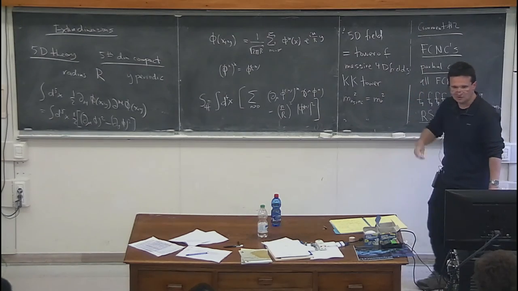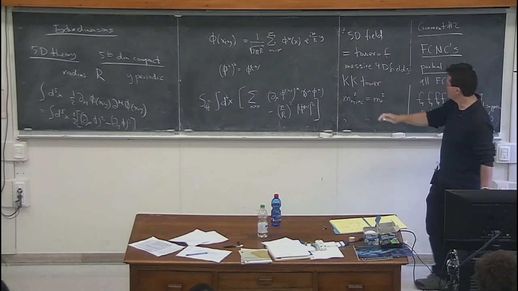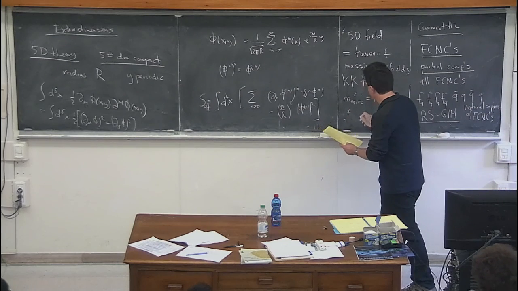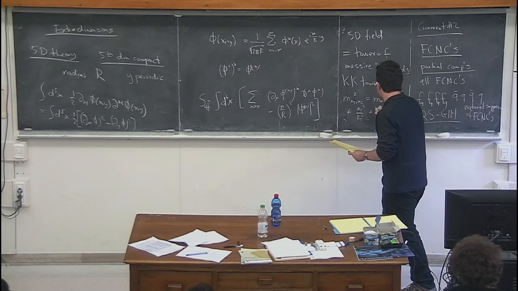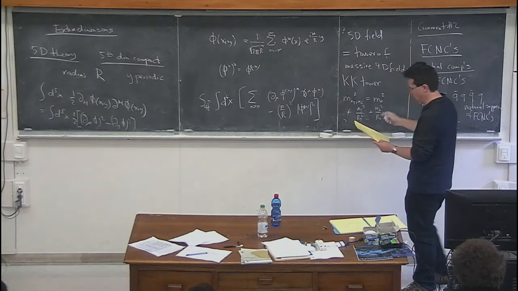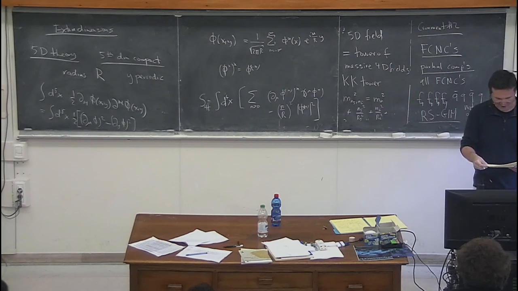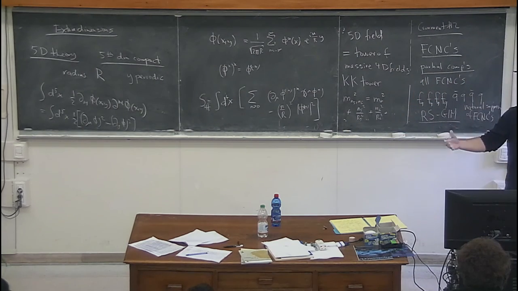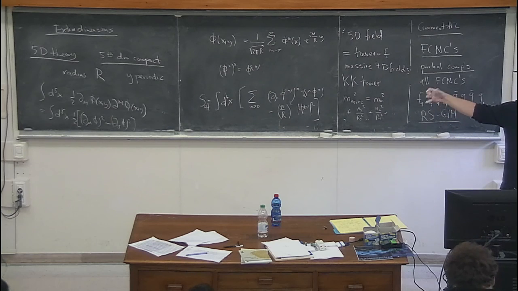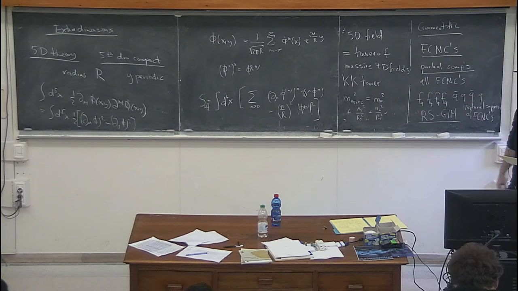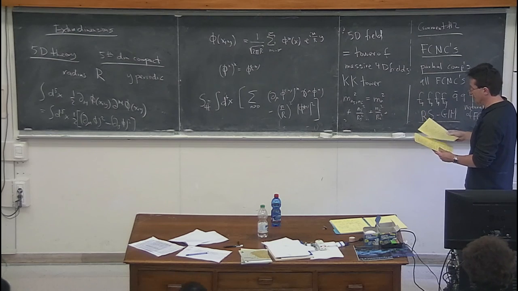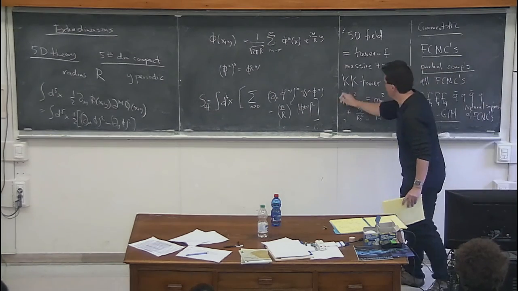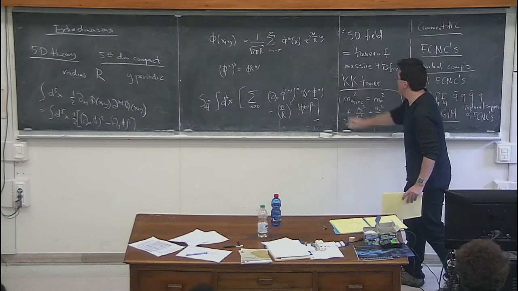I can also put in a higher dimensional mass, plus then there will be n_5²/r_5² plus n_6²/r_6² plus etc. So that would be the generalization for the case when you have more complicated extra dimensions, still assuming that it's all periodic, for example in a torus. That would be how a Kaluza-Klein decomposition would go.